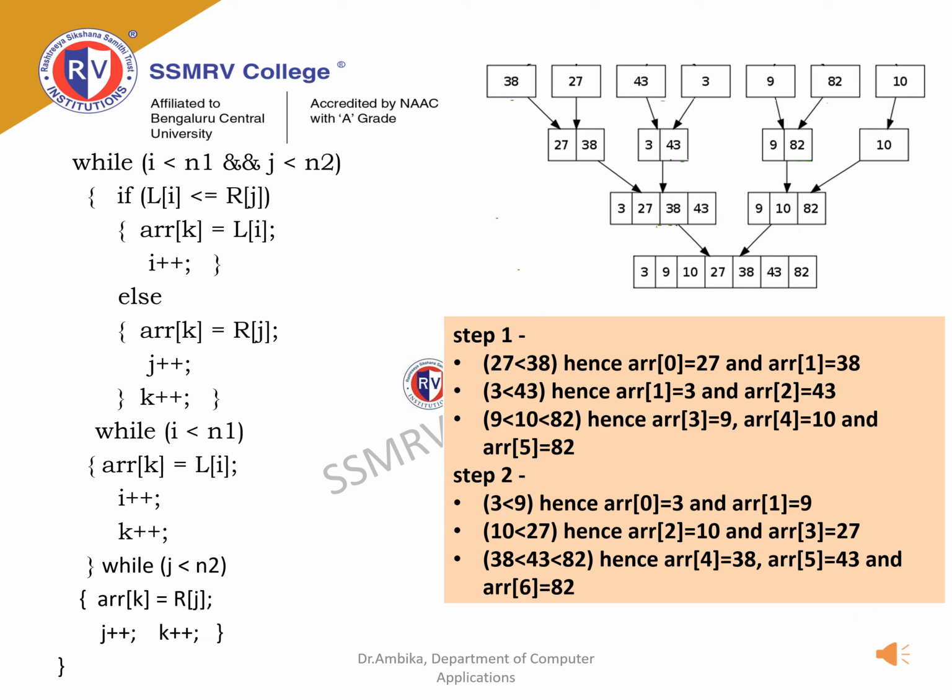While evaluates to be true, this is followed by execution of the if loop. The elements of L array are compared with the elements of R array. If the elements of L array are less than or equal to the elements of R array, the elements of L array are inserted into the ARR array and I is incremented. Else loop is executed when if loop evaluates to be false and J index is incremented. In the above example, L of 0 is compared to R of 0.